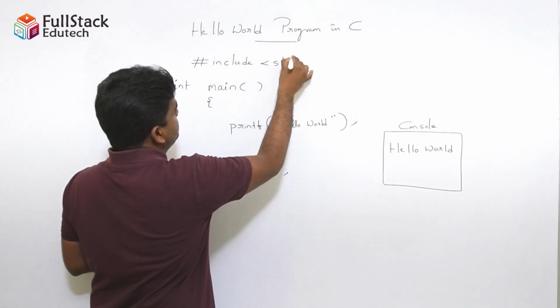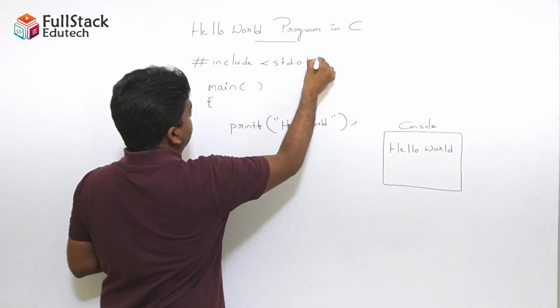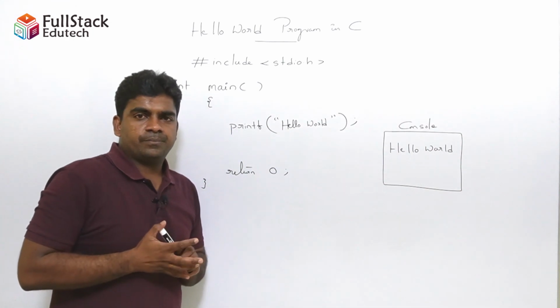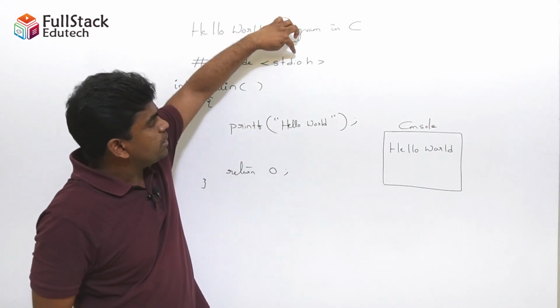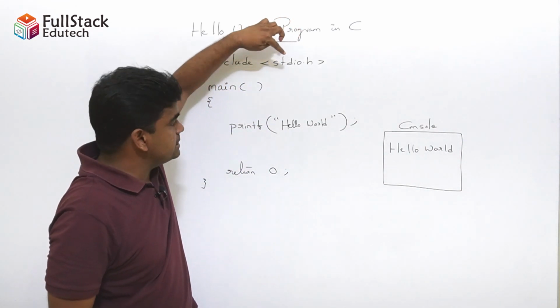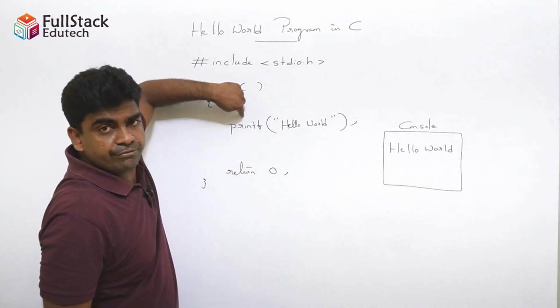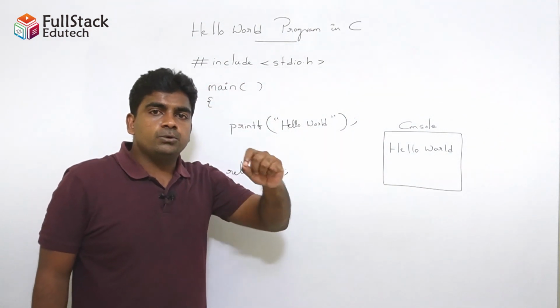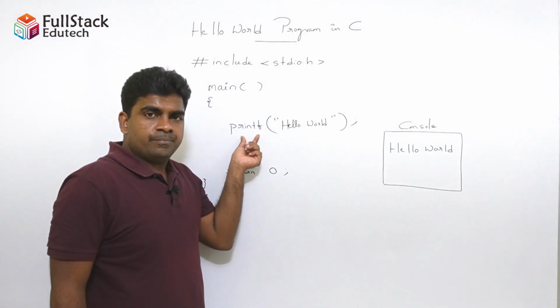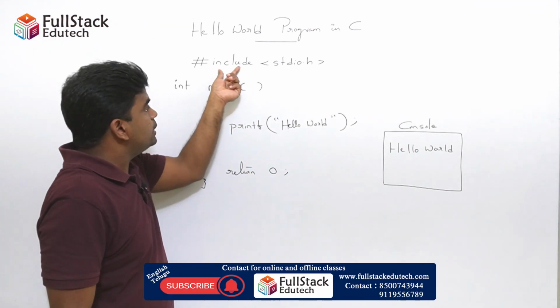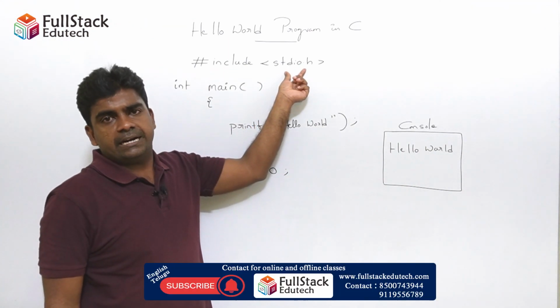Here we need to specify the header file name stdio.h. The stdio.h header file contains the predefined function printf. Whenever you are using the printf function, we need to include that stdio.h header file.